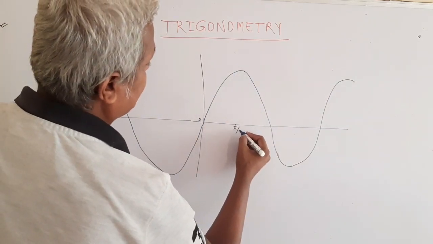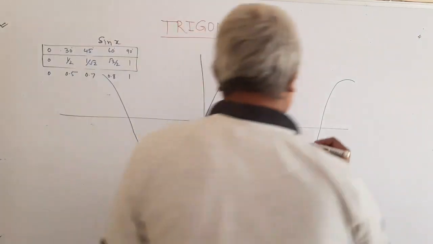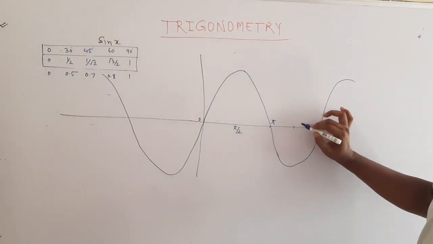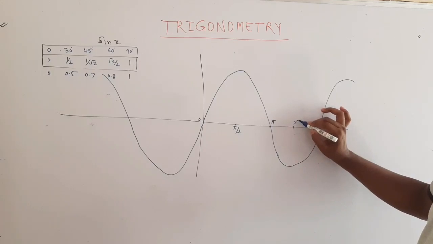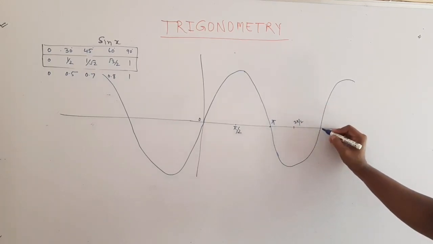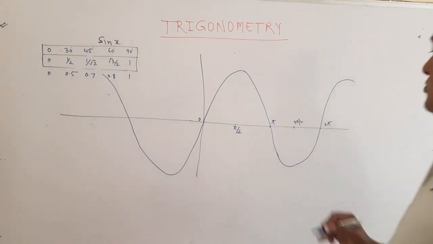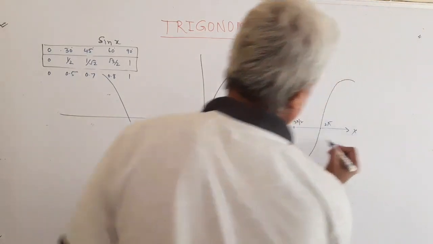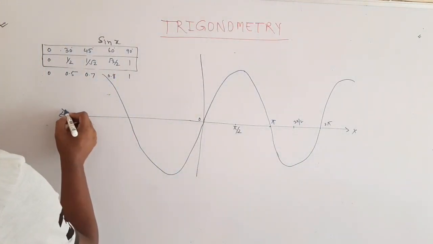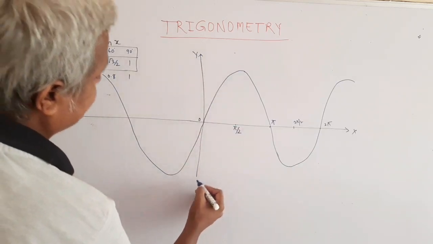So this is pi by 2, this is pi, this is 3 pi by 2, and this is 2 pi. Now this is our x-axis and this is our y-axis.